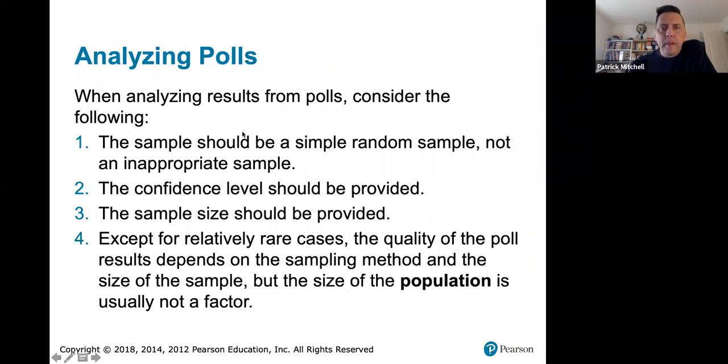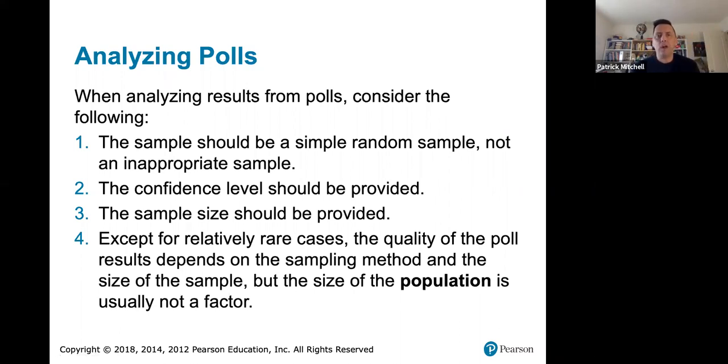All right, let's see, analyzing polls. Be wary of a voluntary sample or a convenience sample, something like that. The confidence level should be provided. The sample size should be provided. And except in relatively rare cases, the quality of the poll results depends on the sampling method and the size of the sample. The size of the population is usually not a factor. Okay.